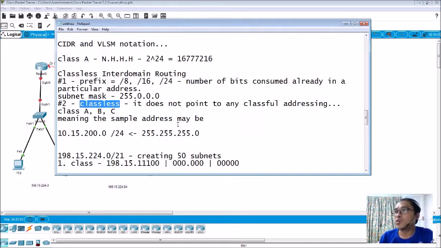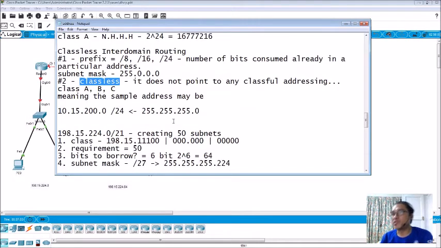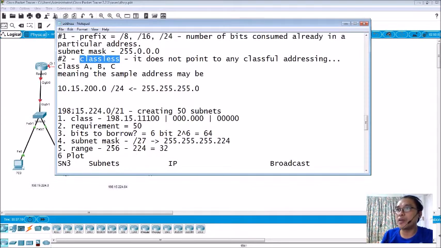To further explain, we're going to compute an example of how classless inter-domain routing is computed. Let's say we have 198.15.224.0/21, and we are going to create at least 50 subnets. I have already taught you the 6 steps on how to subnet.